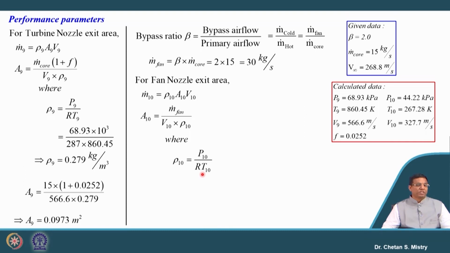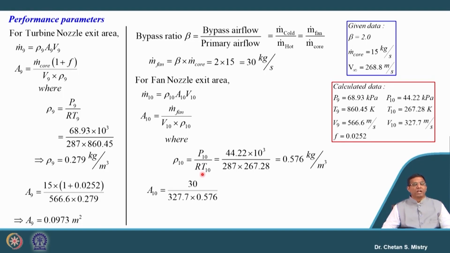My static pressure and temperature at the exit of the fan nozzle are known to us. If we put this number, the density comes to be 0.576 kg per meter cube, and based on that we calculate our exit area, which comes to be 0.1588 meter square.